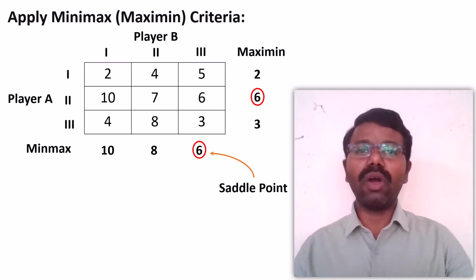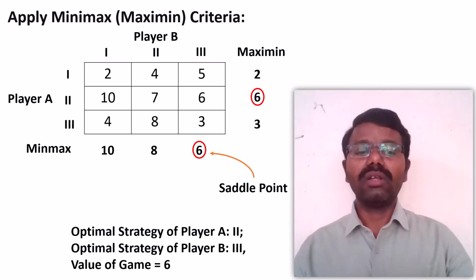Whenever a saddle point arises, that is a pure strategy. In a pure strategy, the value of the game is the saddle point. Here in this problem the saddle point is 6, so the value of the game is 6.